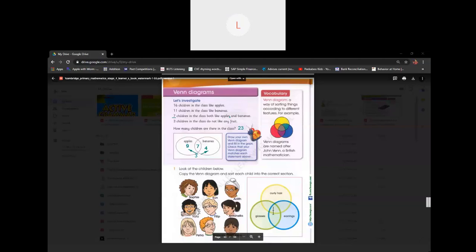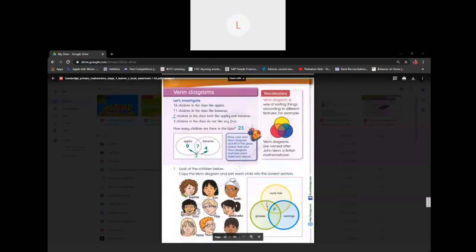Philip is having all the 3 because he has earrings, glasses, and curly hair. Okay, Philip is the only one.